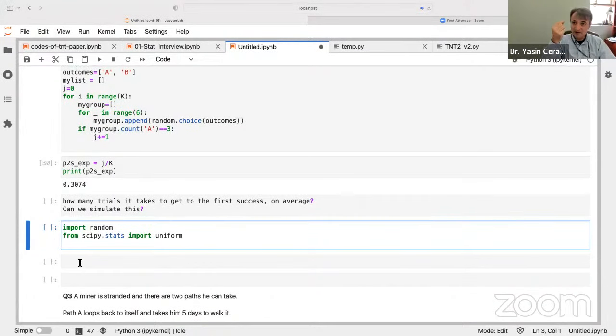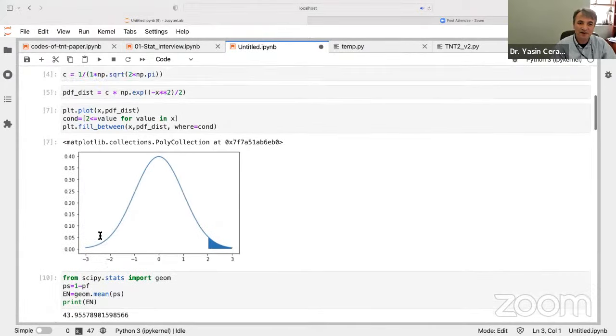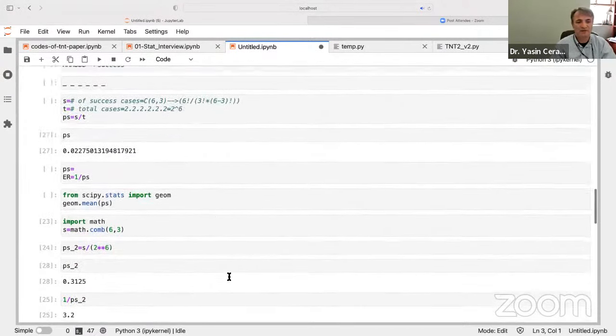If this number is greater than probability of failure, that means the number I picked is in the success region. Okay, so let's do it.